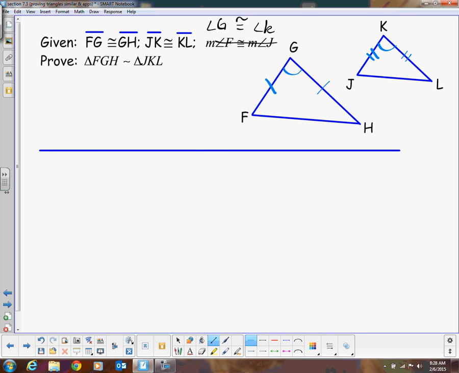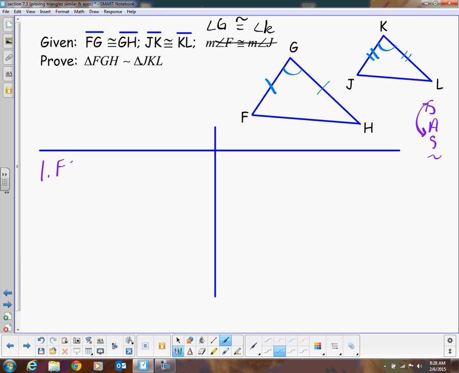Side angle side. So the first thing, now, it's not going to be as sweet as doing this for similarity, because our sides have to be linked together for the proportion. So the first thing we're going to do is we're going to state that FG is congruent to GH, and we're going to do JK is congruent to KL, and that's given.